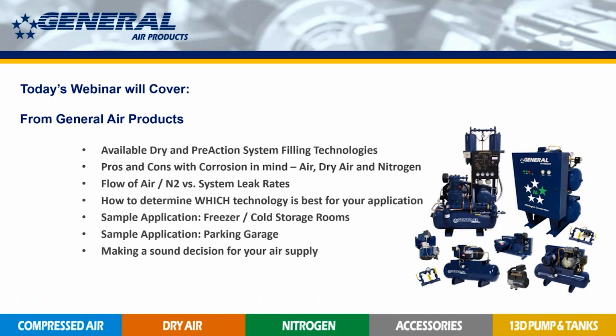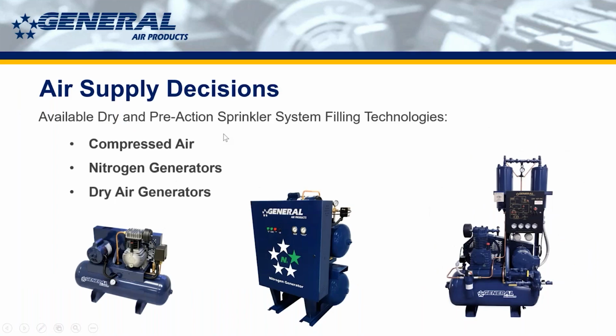We really try to fill you in on how these products work and how that functionality affects the system. We'll talk about how to determine which technology is best for your application, get into a few sample applications if time allows, and then reiterate how to make a sound decision on your air supply. All right, without further ado, we will get started.